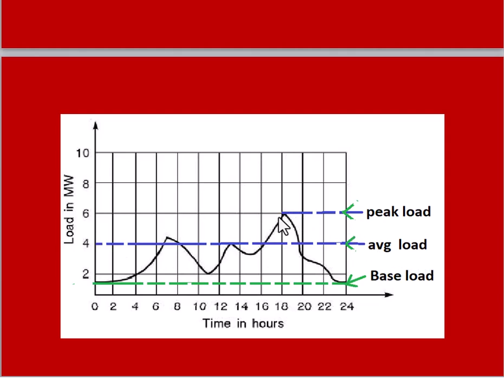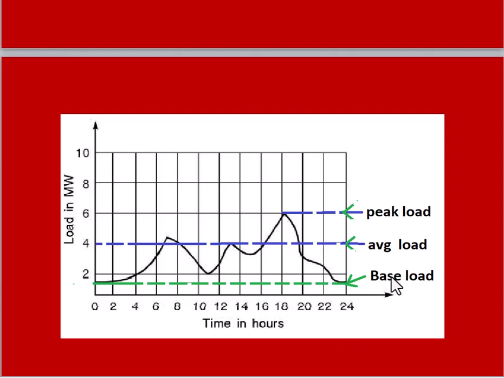And in this load curve, this point is said to be the peak load, this line indicates the average load on the plant, and this indicates the base load.